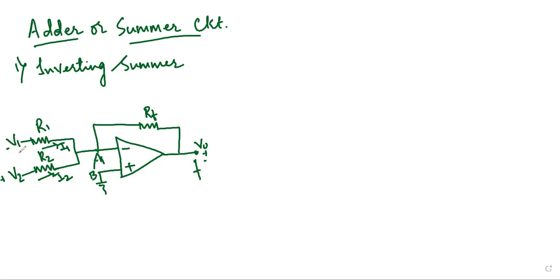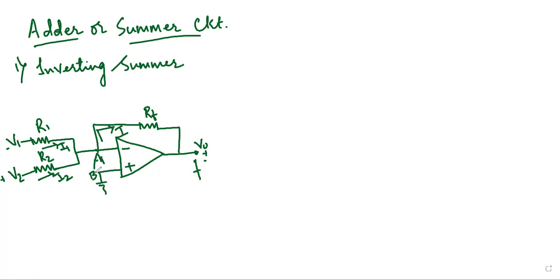V1 and V2 are the two inputs, and the currents are I1 and I2, and the total current flowing into the circuit is equal to I. Now, if we derive the mathematical equation for the summer circuit, initially we know that point B is directly connected to ground.